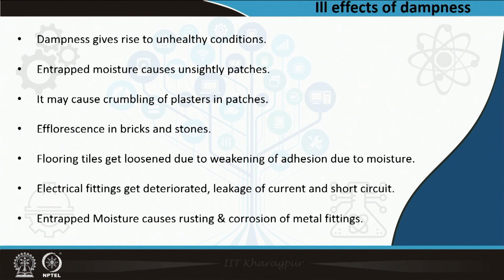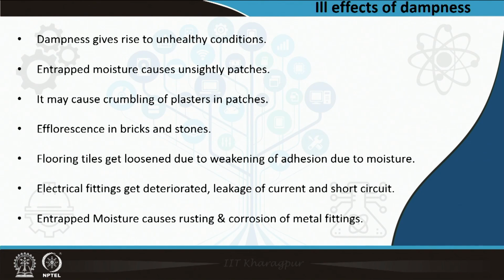This you will experience mostly in areas like washrooms, kitchen tiles, and dados from where the water lines pass. So, any leakage inside a concealed pipe will be reflected in loosened tiles. Electrical fittings can get deteriorated, and leakages of current and short circuits in gadgets which you touch can also give you a clue that the building is getting ruined by moisture.